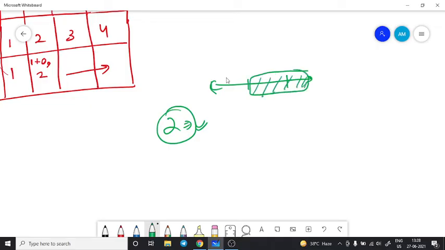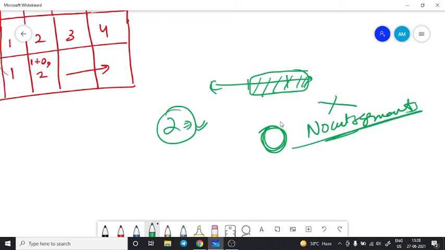Now again I have to cut this remaining one length segment, not with a cut of 3, but with a cut of 2. So do you think that it is possible? In this case the answer would be equal to 0, right? That means no cut segment is possible if I am allowed only a cut segment of 2 for this length 3.